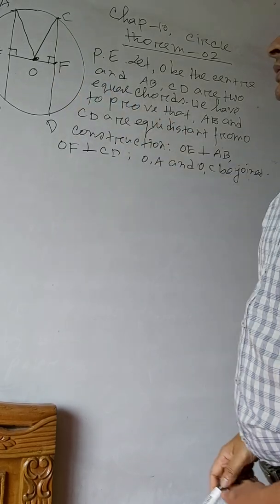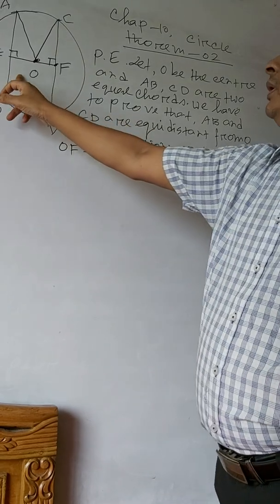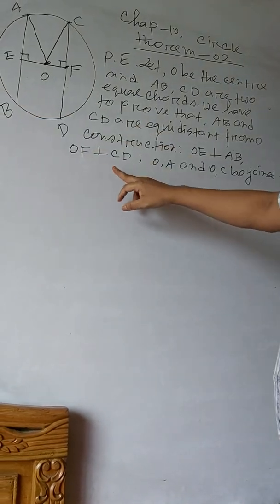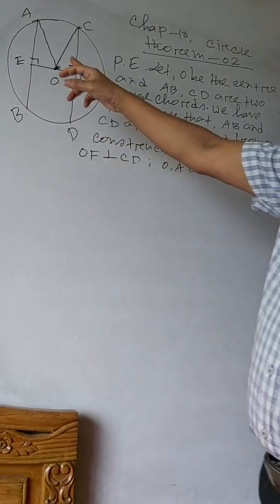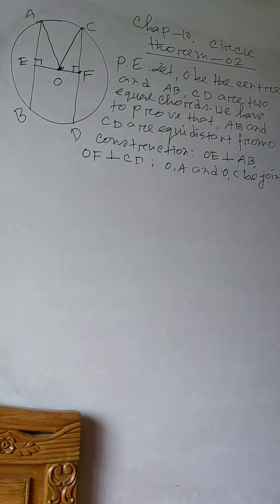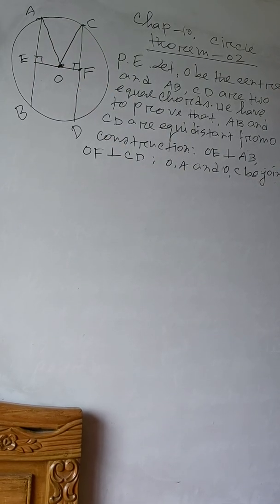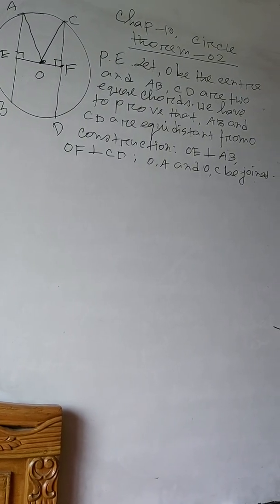That is, let us now draw the perpendicular OE on AB and OF on CD. This is the construction, and we also have to join OA and OC. This is the required construction. Let us now give the proof.